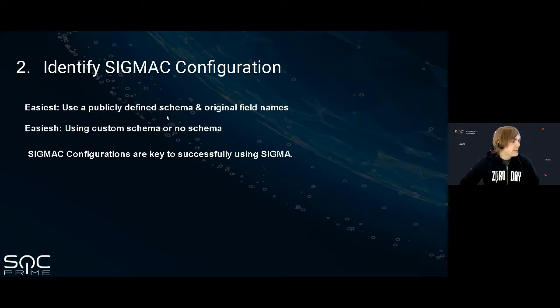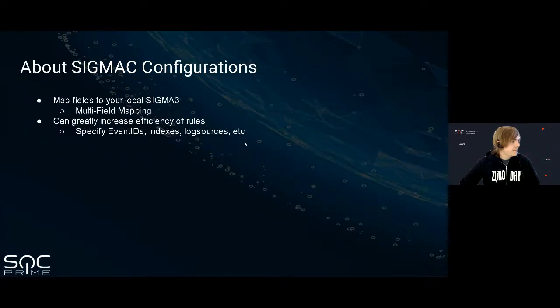But if you're not, then you must define your own custom schema using the Sigmac configuration. So Sigmac configurations are key to successfully using Sigma, like in operationalizing it. You have to put some work in to get a lot of benefit.